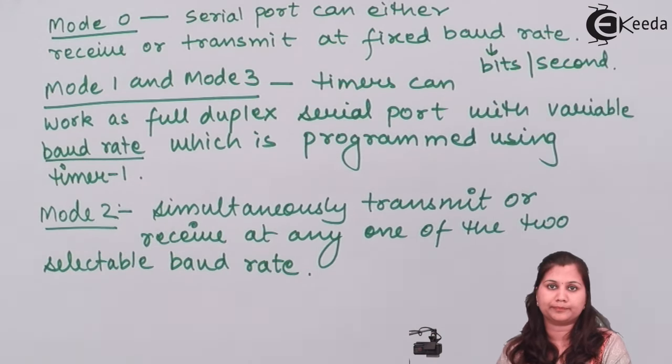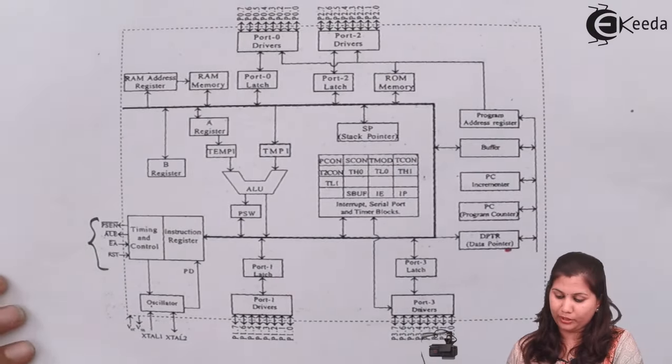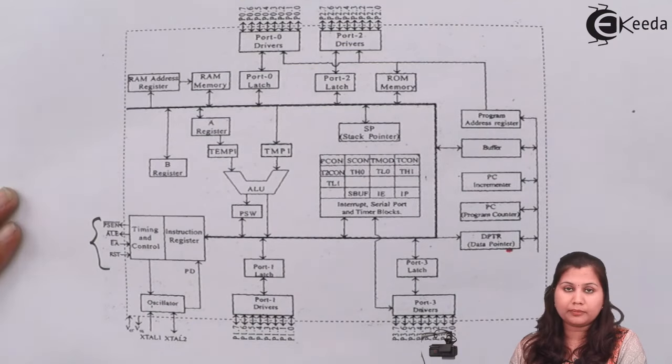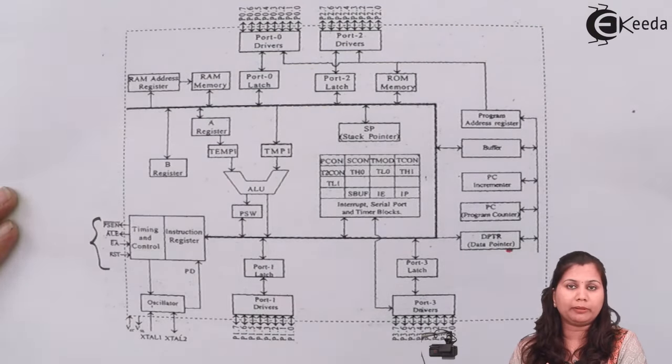So the next block we have in the block diagram is the memory. Okay. So in the microcontroller, we have the read-only memory and the random access memory, that is ROM and RAM. And the memory is divided into two parts, that is program memory and the data memory.